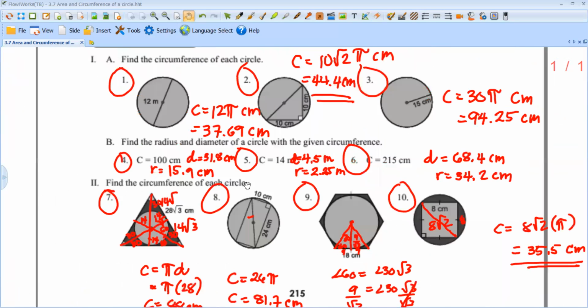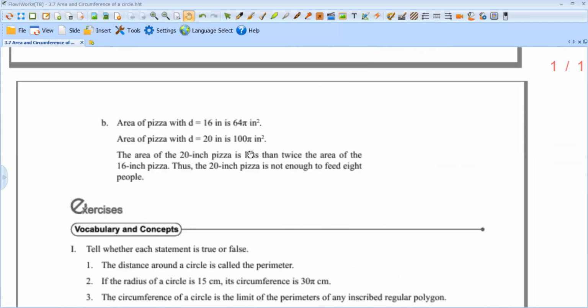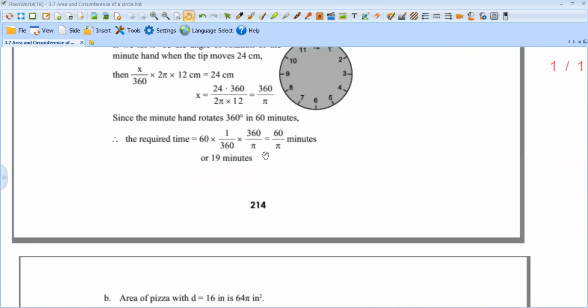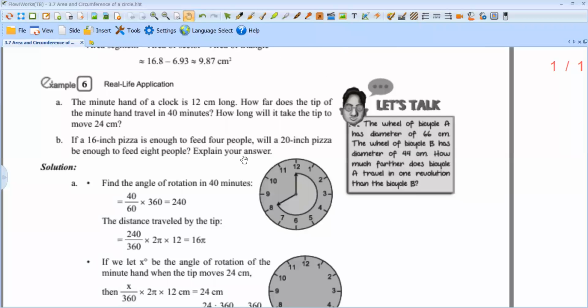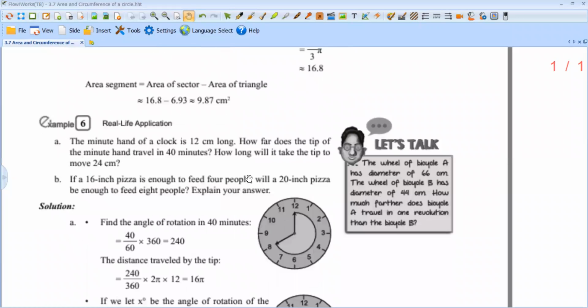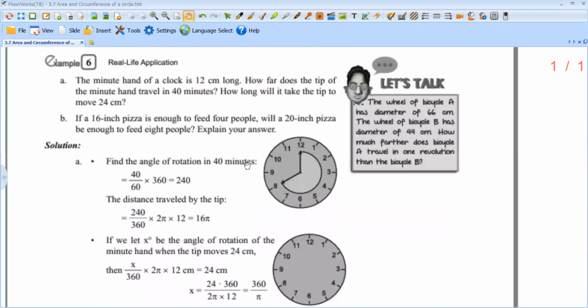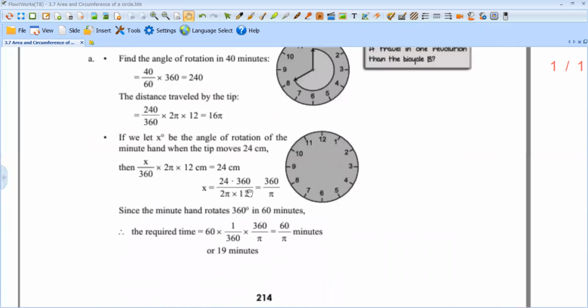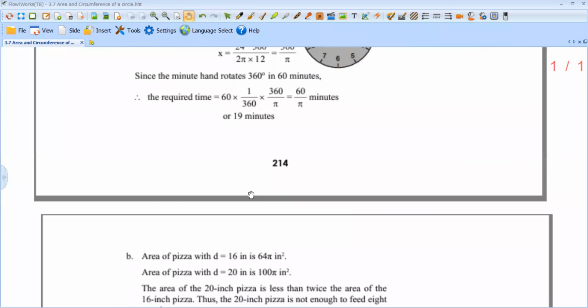Did we discuss arc length? Did I discuss the arc length formula? I think I did not discuss the arc length formula, right?